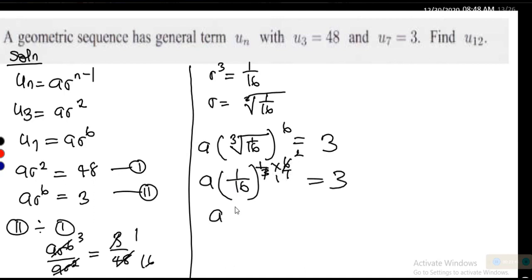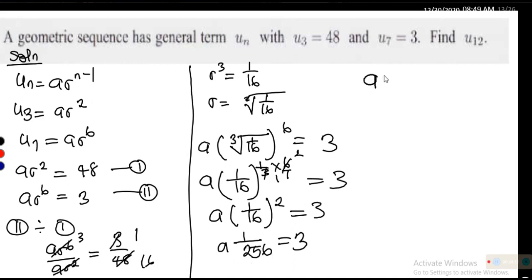So a times 1 over 16 squared equals 3. So a into 1 over 16 times 16, which is 256, equals 3.